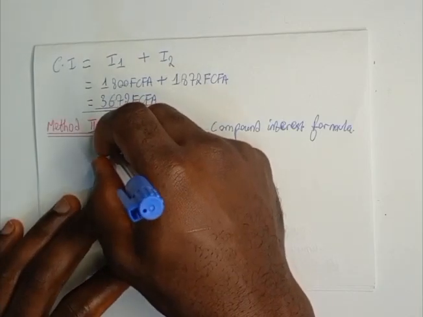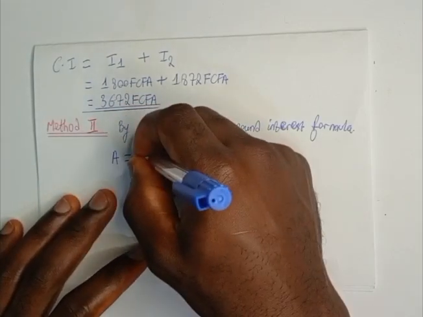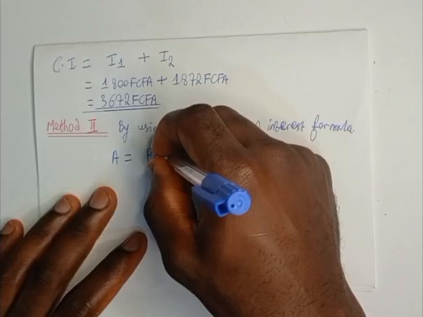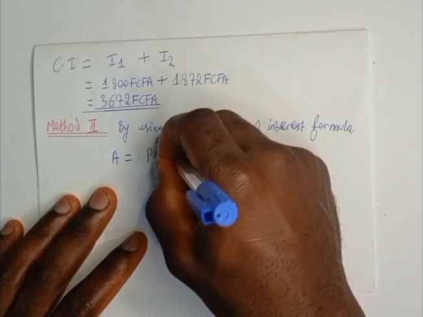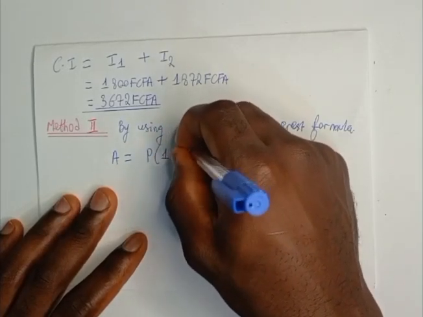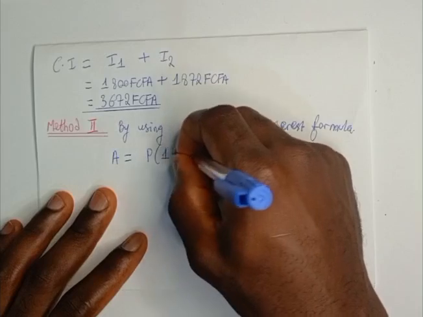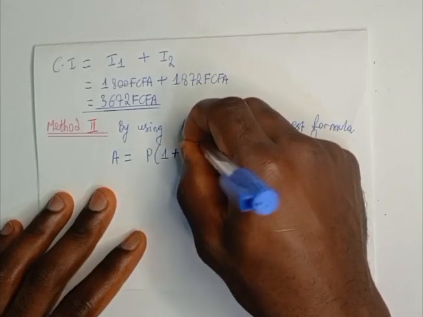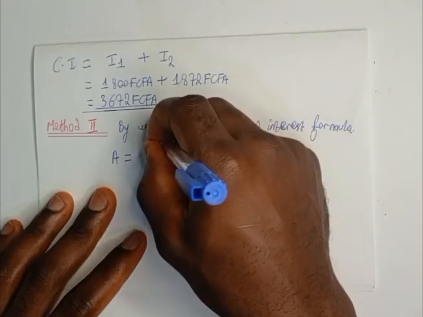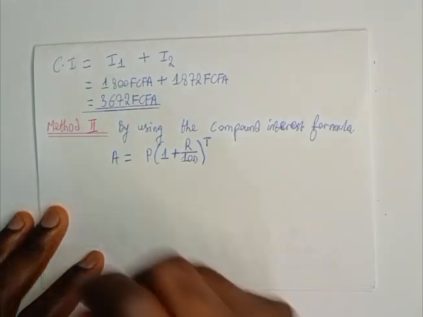We have the amount is equal to the principal times 1 plus the value of the rate over 100, all this raised to the power t, where t is the duration of the investment.